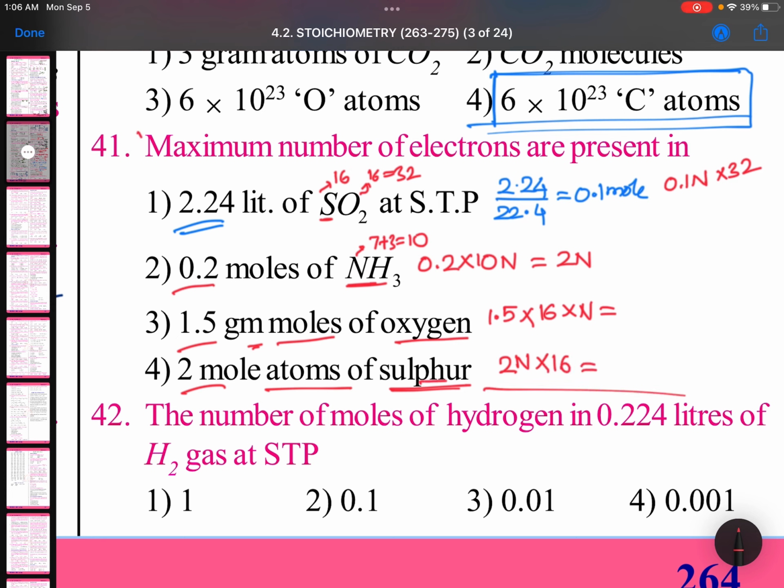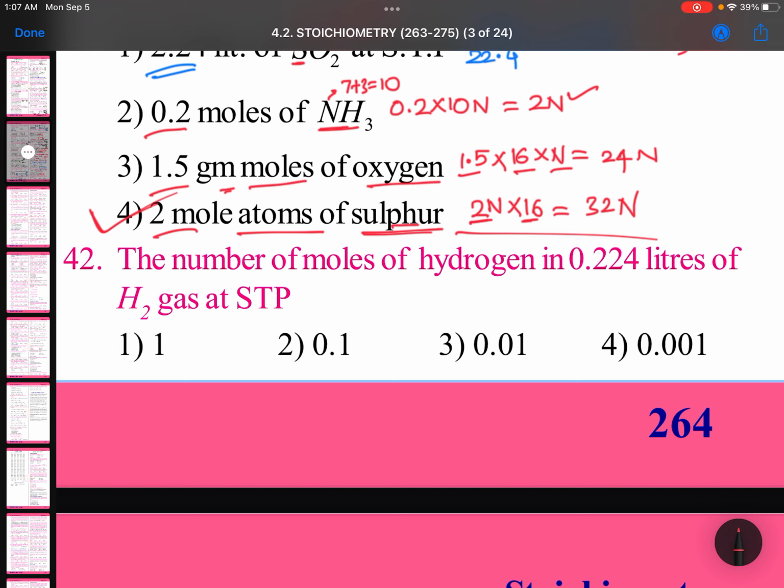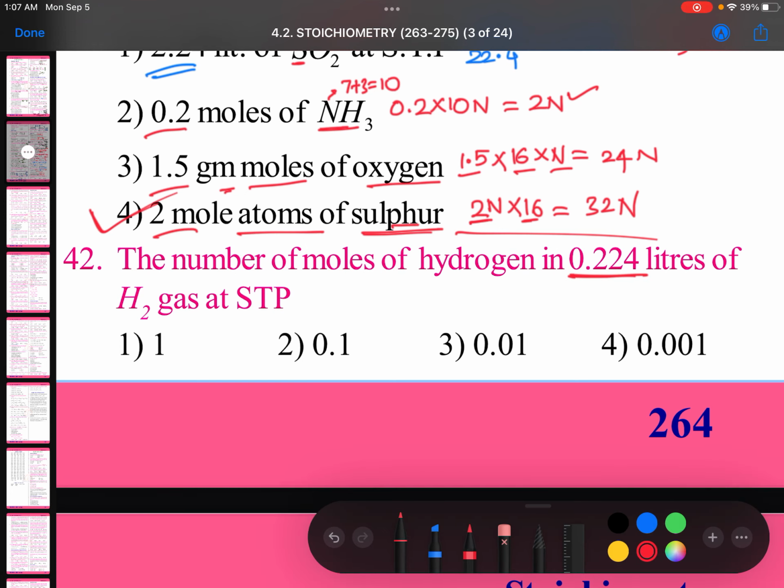First one will become 3.2N. This is 2N. This is 1.5 into 16N, so it will become 24N. And this is 2N into 16, 32N. So maximum is present here.